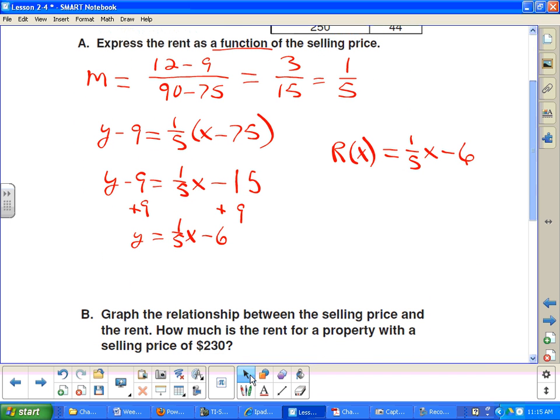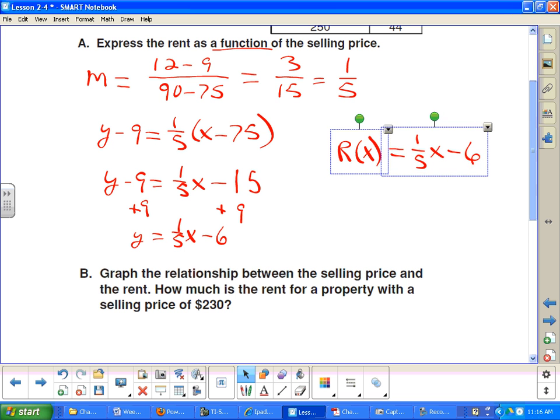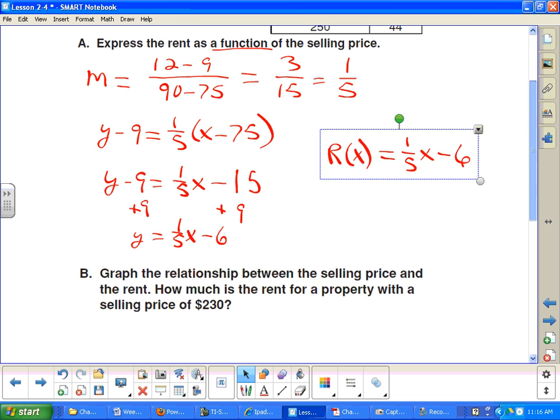So then they want to know, all right, so you've got your function. It says graph the relationship between the selling price and the rent. How much is the rent for a property with a selling price of $230? There you go.